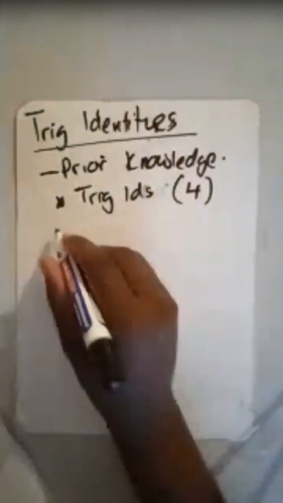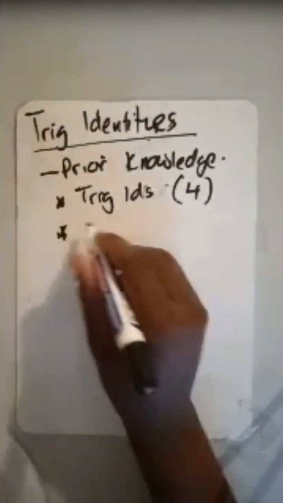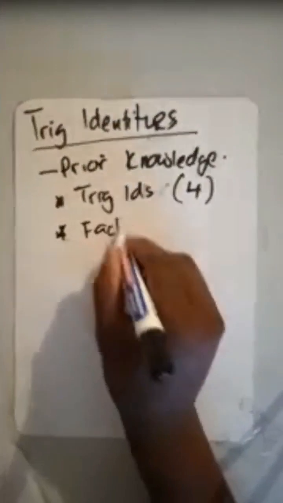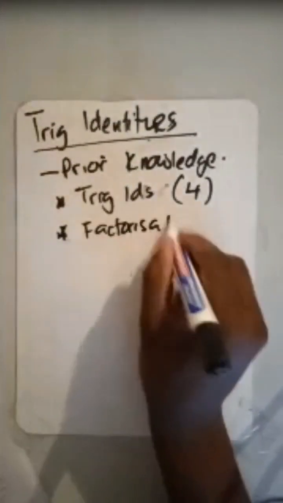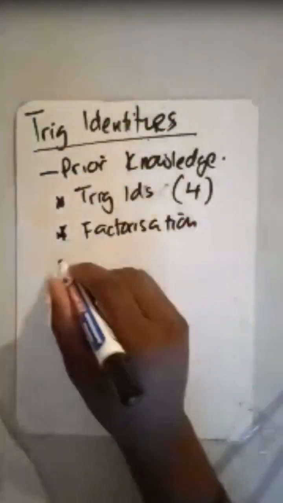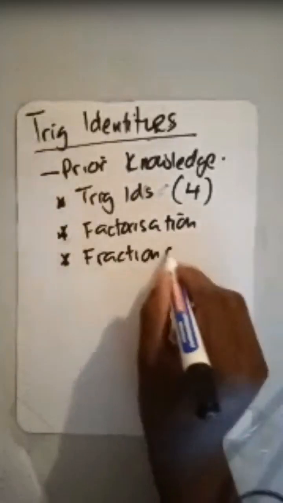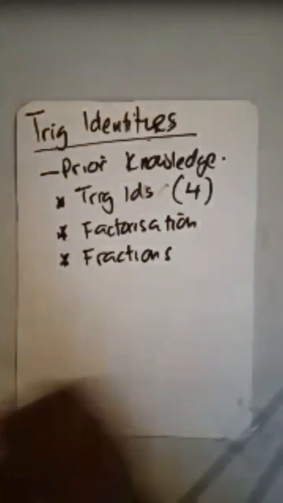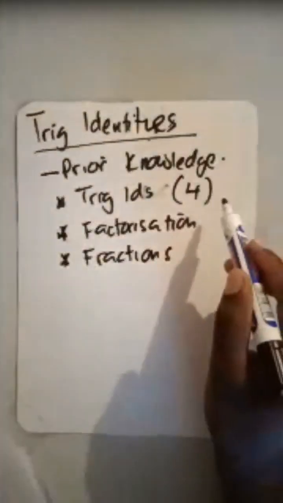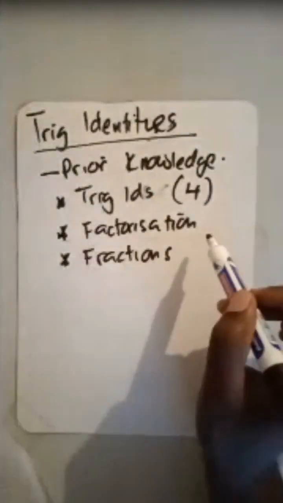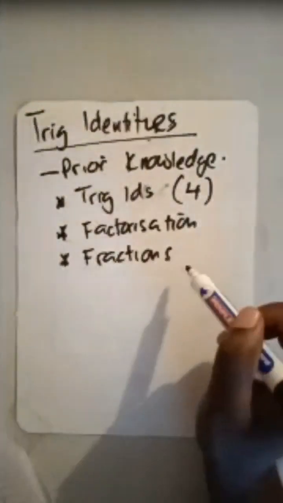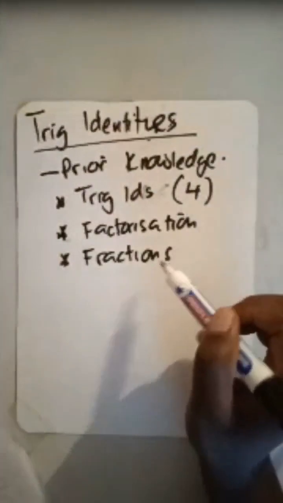We need that knowledge. Another important thing is factorization. Another one is working with fractions. So we need the four trig identities, factorization, and working with algebraic fractions.